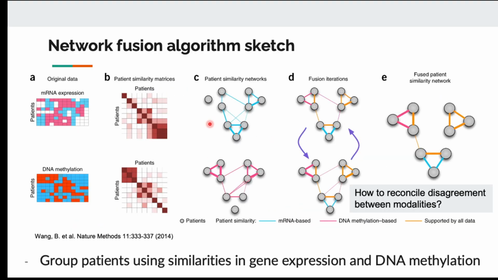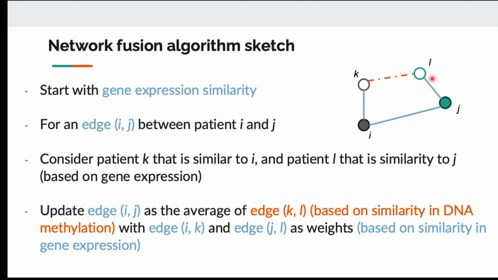Even if in the original data I don't see the similarity, because their friends, like other patients, are so similar, we can also say that these two are similar as well. But if I change patient K and L, I pick among the other patients, and K and L don't have similar DNA methylation, then I and J probably don't have similar DNA methylation.